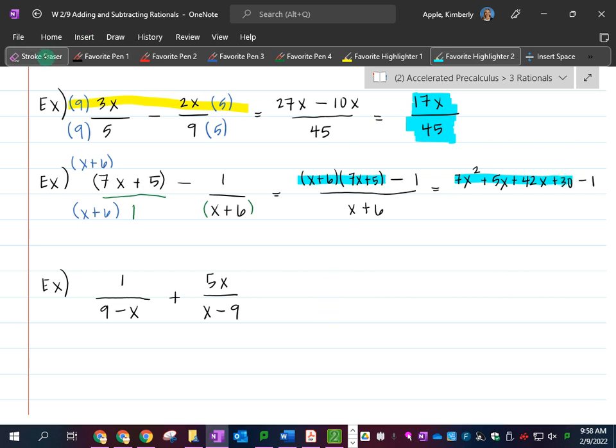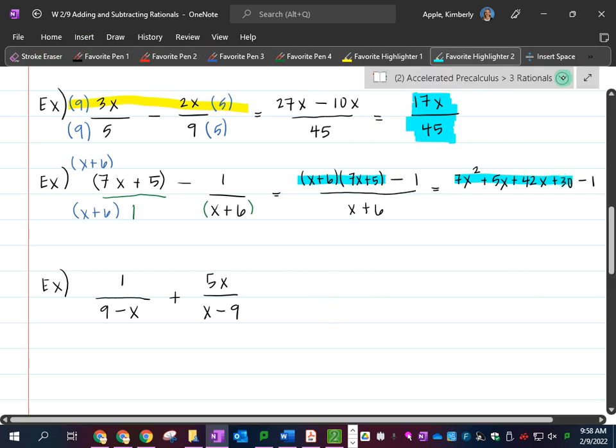And then you just have the minus 1. And then on the bottom is just the x plus 6. And now it's just a matter of cleaning it up. So let's combine all our like terms. This will be 7x squared plus 47x plus 29 over x plus 6.